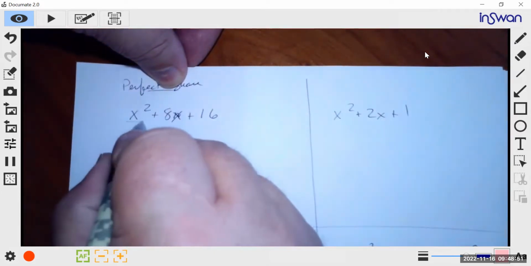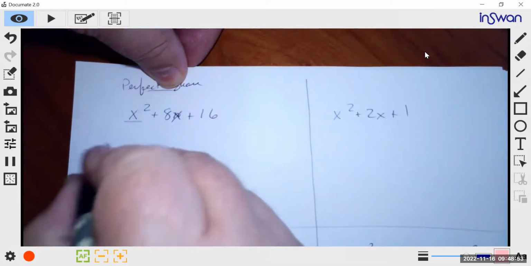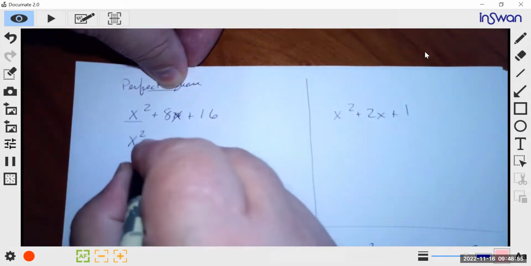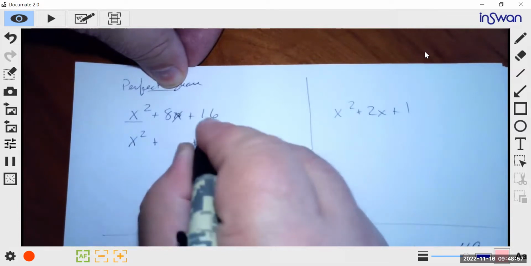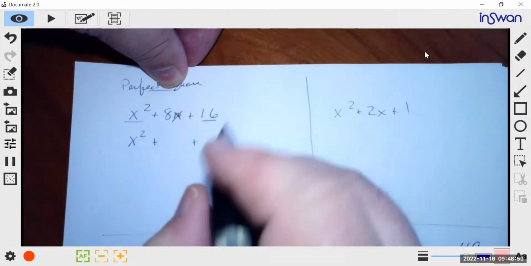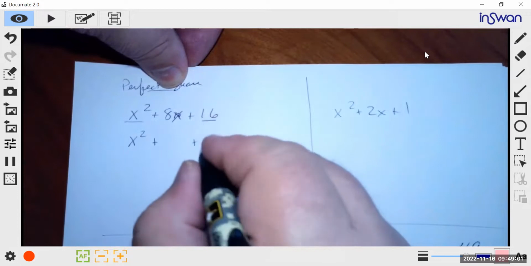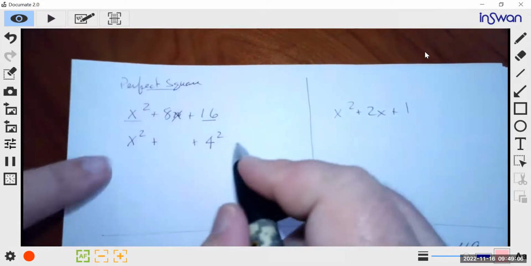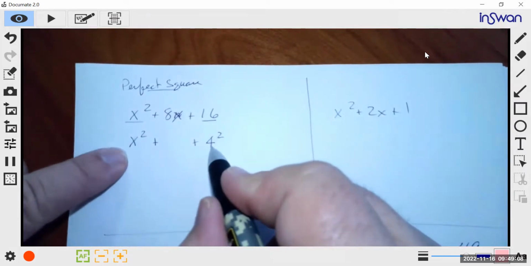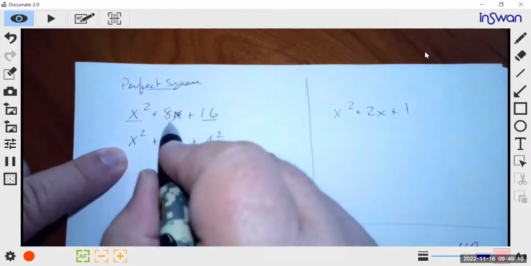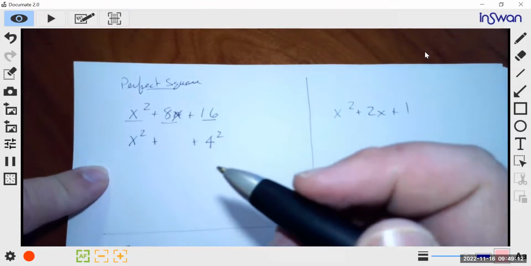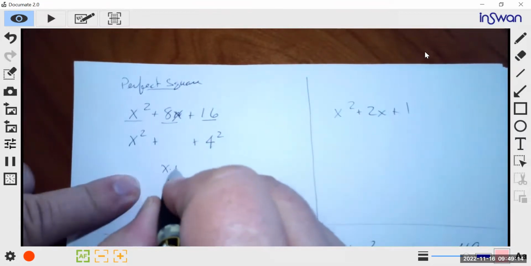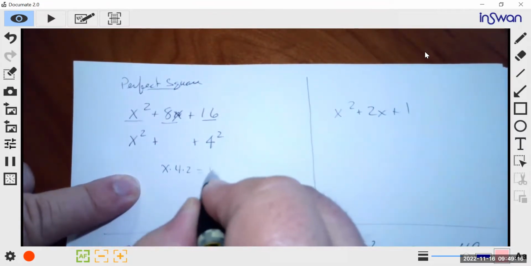Is the first term a perfect square? Yes. Is the last term a perfect square? What is 16 made up of? 4 squared. Now, if I multiply those 2 together and times 2, does it equal the middle? x times 4 times 2 equals 8x.